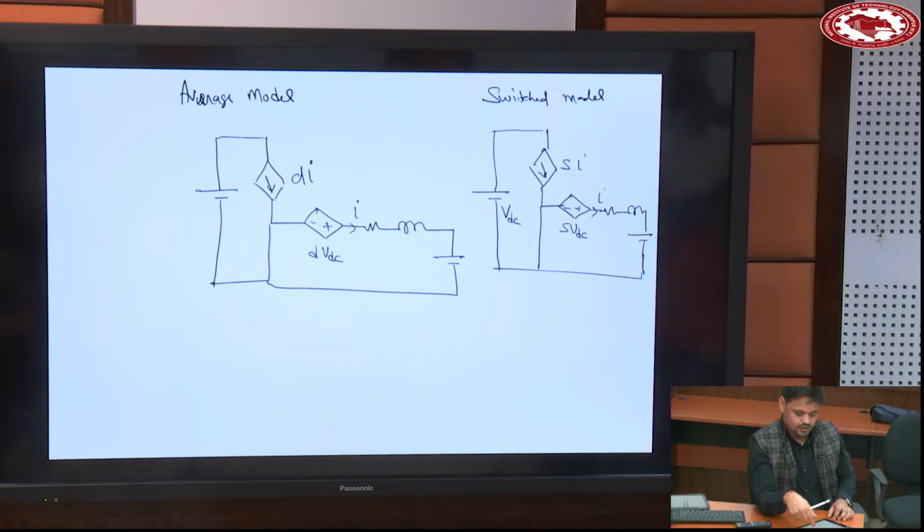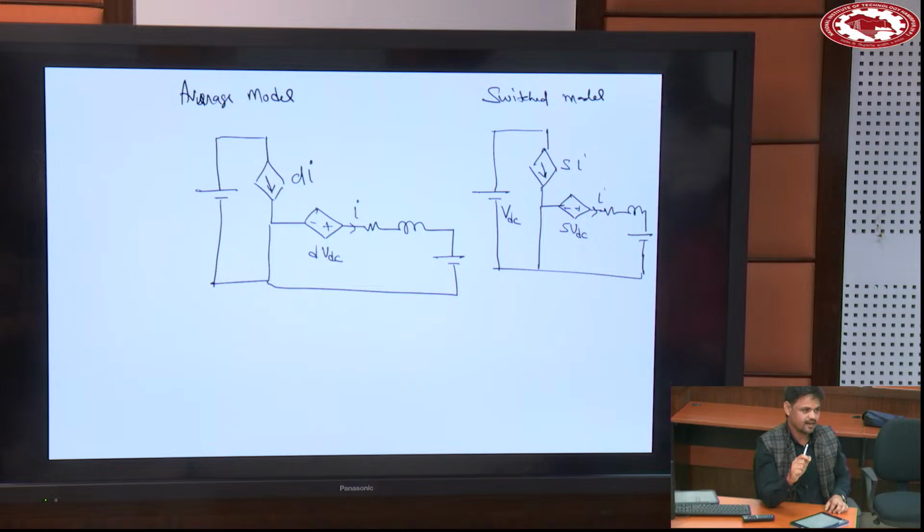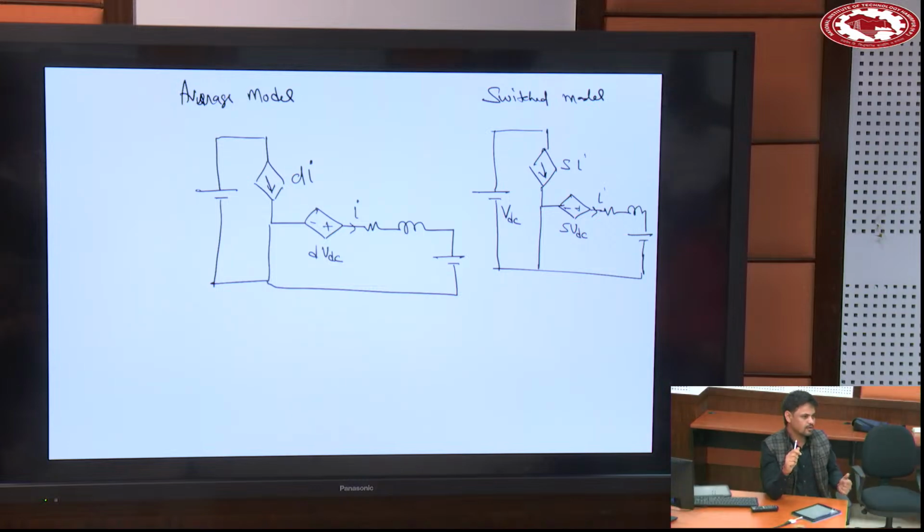So in system model we will be using S signal and in average model we will be using D signal.